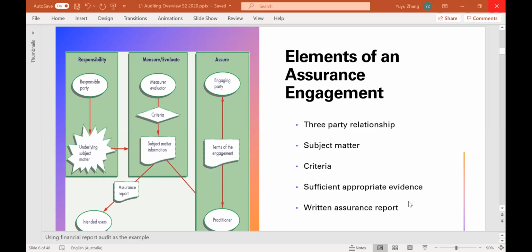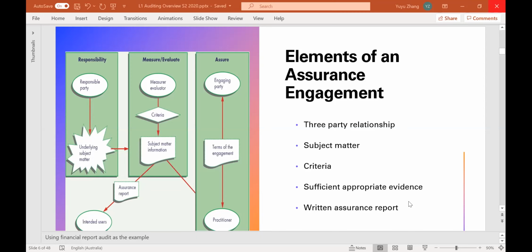Finally, the written report. All assurance engagements should have a conclusion. This conclusion should be stated in a written report. And there will be some specific format for those reports, and we are talking about that later.